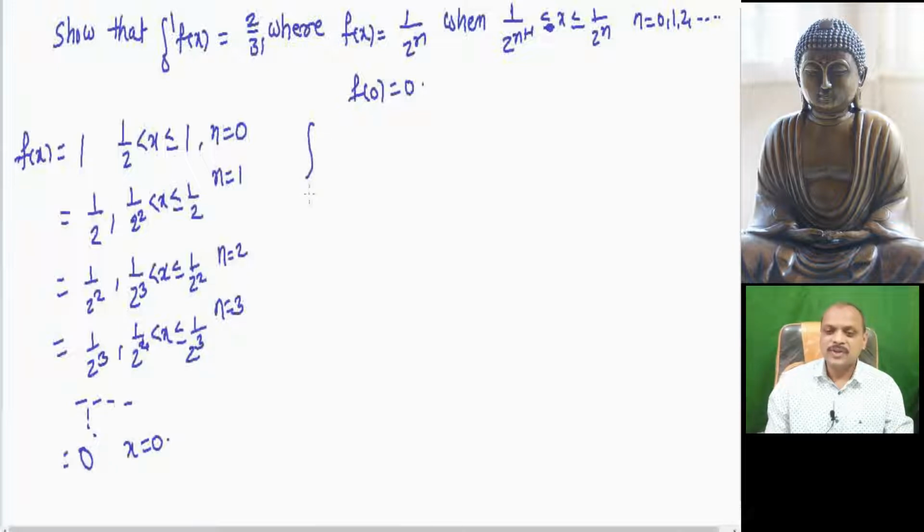Now therefore we divide this range 0 to 1 of this function. Instead of 0 to 1 we take 1 divided by 2 raised to n.